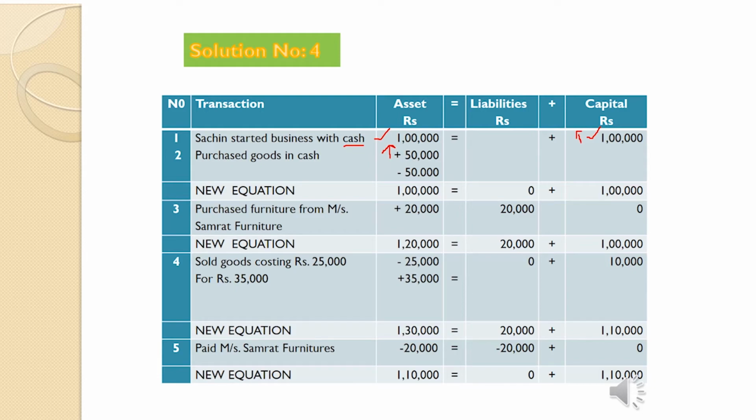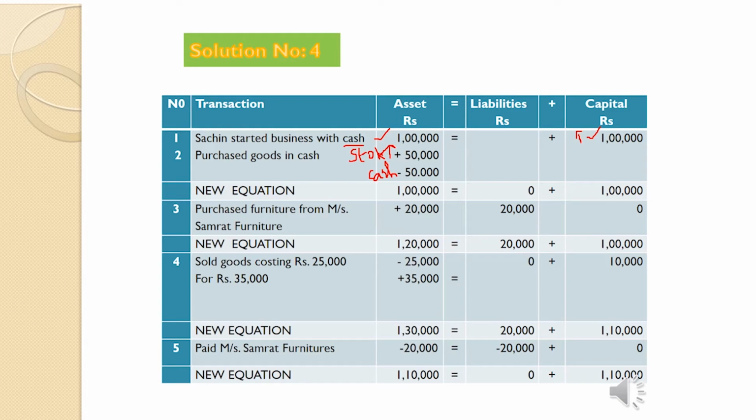Stock value increase, cash value decrease. So stock plus 50,000, add 50,000, cash will decrease, minus 50,000.